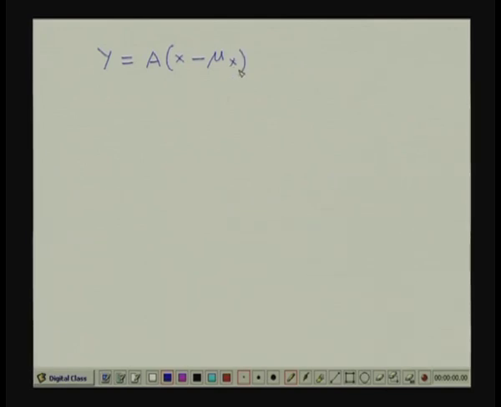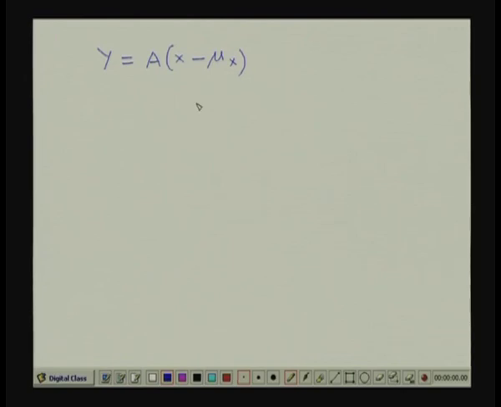So, application of this particular transformation amounts to establishing a new coordinate system whose origin is at the centroid of the object pixels.